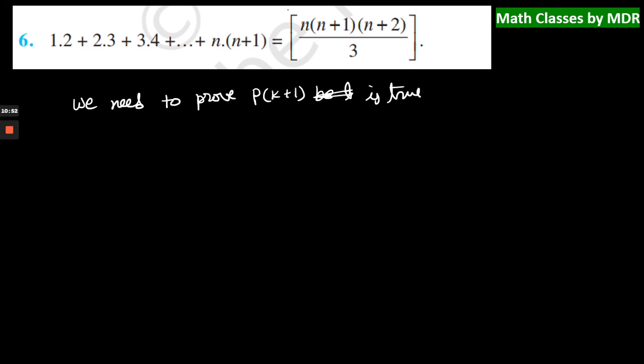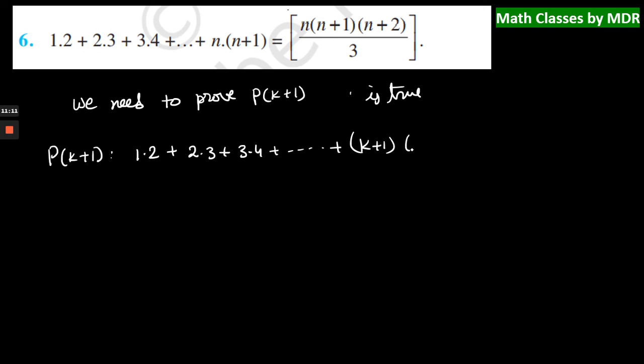P(k plus 1), how do you write it? P(k plus 1) is 1 into 2 plus 2 into 3 plus 3 into 4 plus ... plus (k plus 1) into (k plus 1 plus 1), which is equal to (k plus 1) into, wherever you have n, just replace it with k plus 1, and n plus 2 with k plus 1 plus 2.